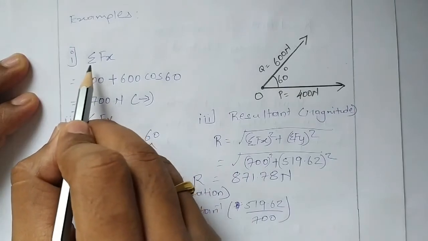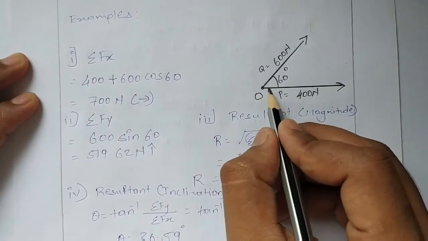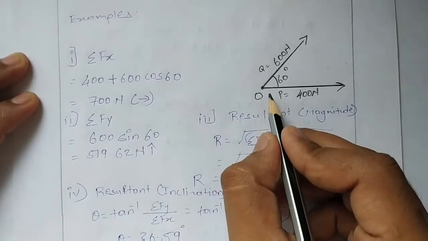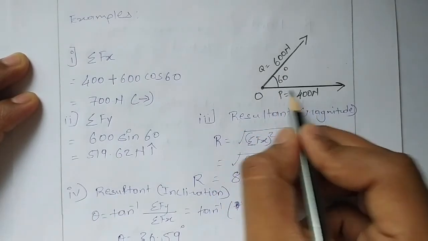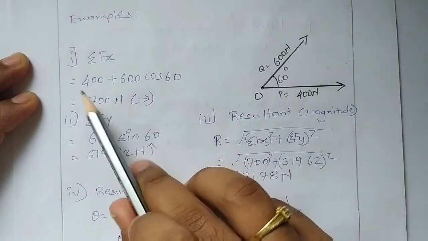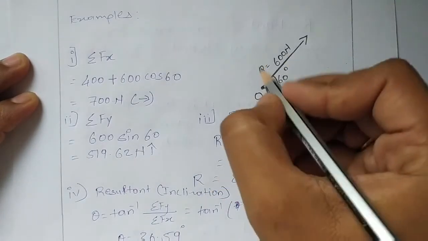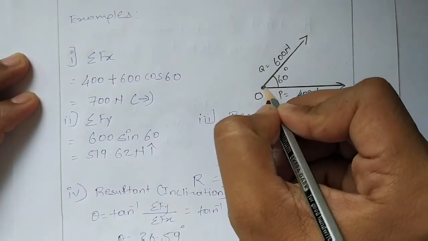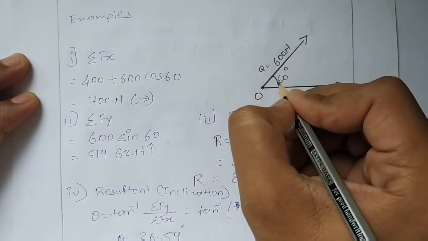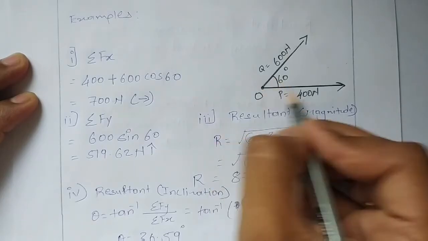First step, again summation of Fx. Here we will see all the forces in the x direction. P is in the pure x direction, that is horizontal, so the magnitude is 400, plus we have to resolve this Q force into two components, horizontal and vertical. The horizontal component is 600 cos 60.